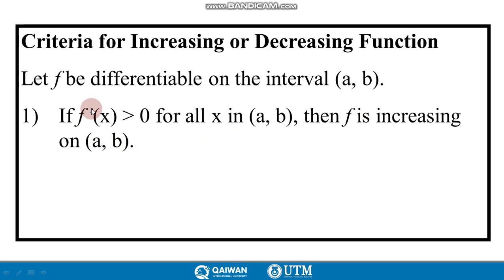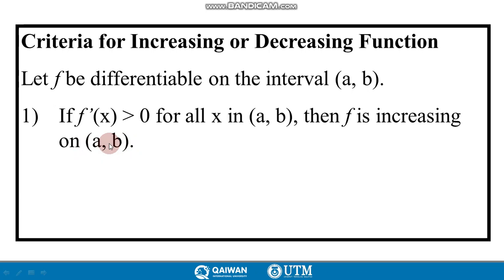That means if the derivative of the function is greater than 0, or positive, in an interval ab, then we say the function f is increasing on the given interval.